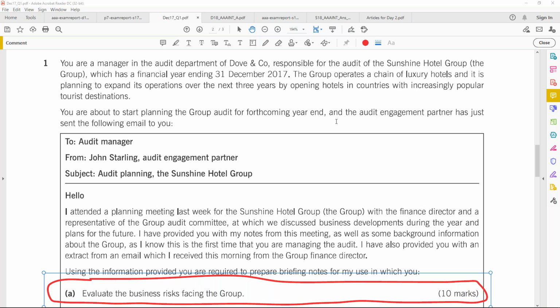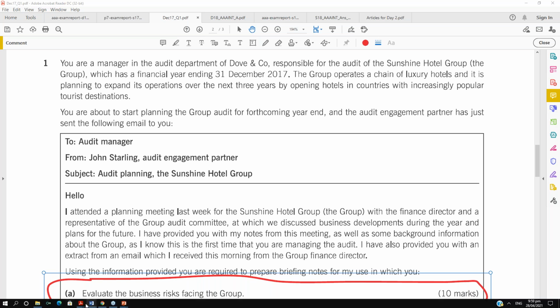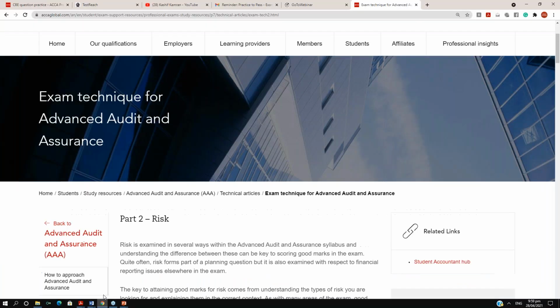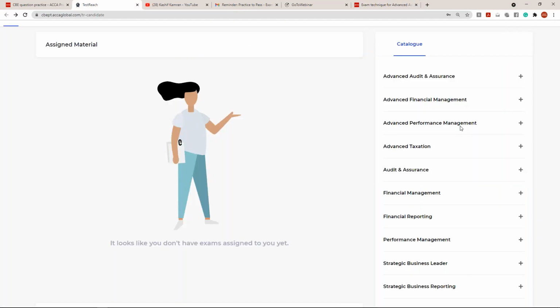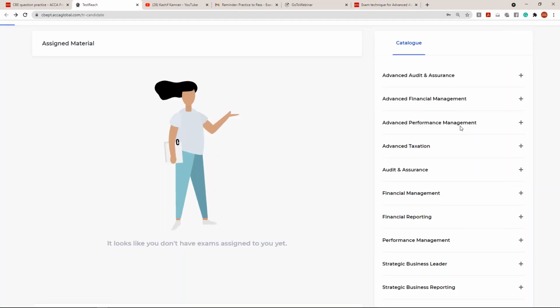Is that clear? I'll be showing you the blank workspace. It's in the same place where I showed you the practice platform yesterday, just to give you a reconciliation. I hope you know this space from yesterday. Are you familiar with this page coming in front of your screen, everyone? You click on audit and assurance, and can you see a blank workspace coming under audit and assurance?